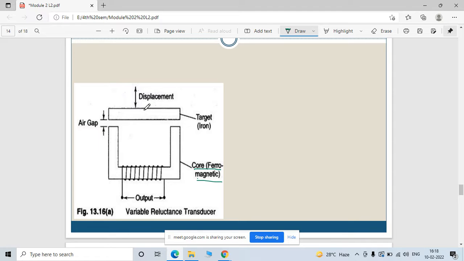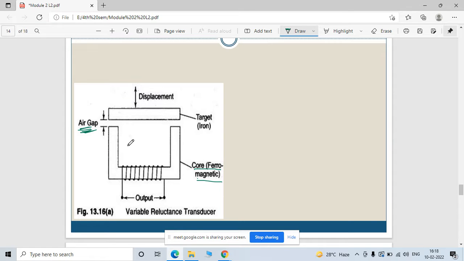Depending on your displacement value, your air gap will increase or decrease accordingly. When the air gap increases, the reluctance increases.